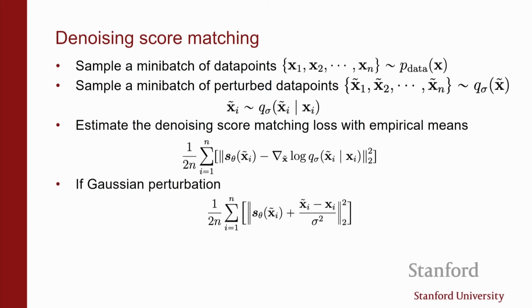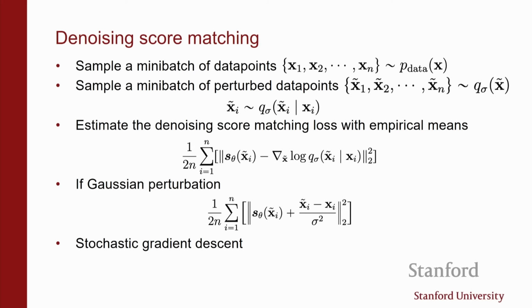And recall that if this Q sigma is Gaussian, then the loss looks something like this. And so it has a very intuitive interpretation, because what we're saying is that the score model is being evaluated at these noisy data points, x tilde. And for each data point, what the score model is trying to do is estimate the noise that was added to xi to produce x tilde.